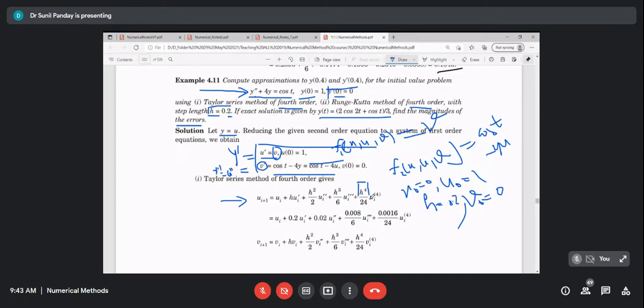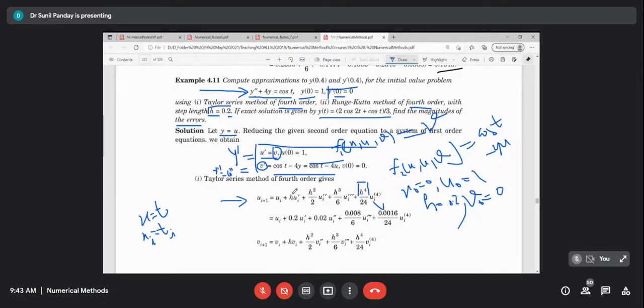Here we are differentiating four times with respect to t, and then calculating the value at t i. If x is t, then x i is actually t i.